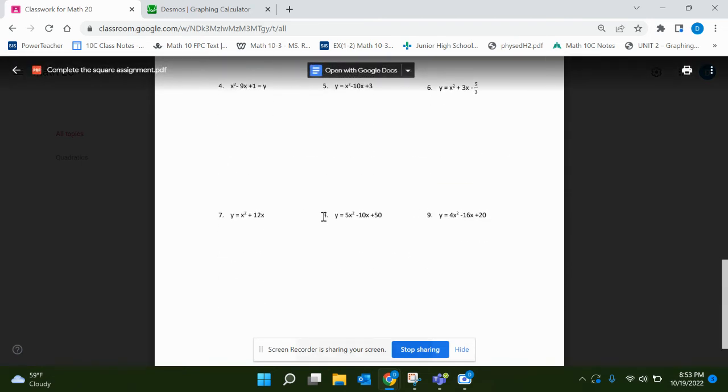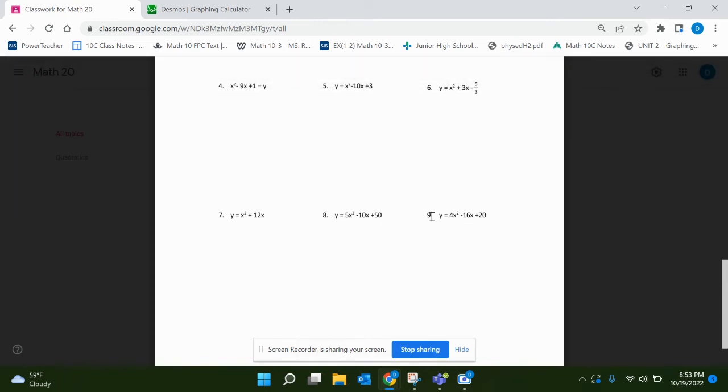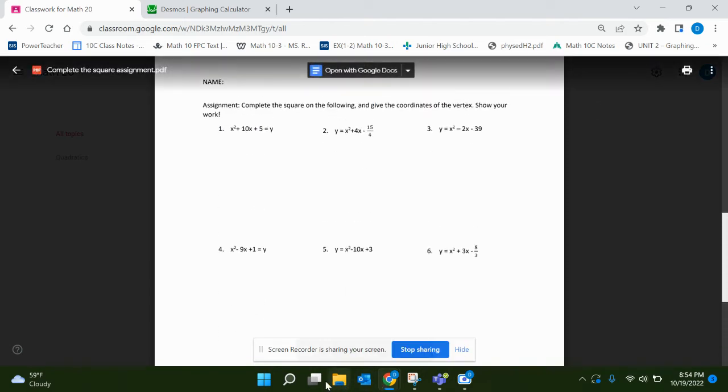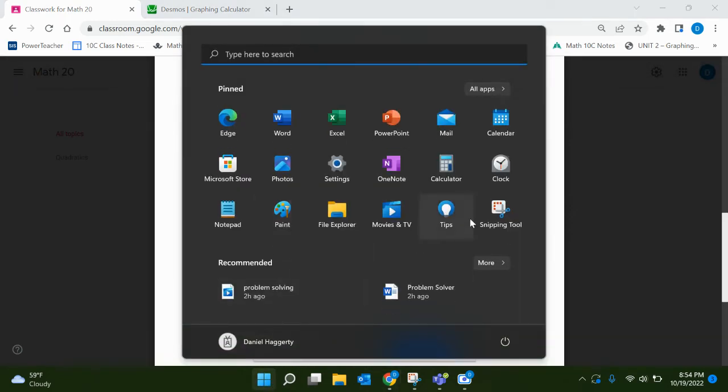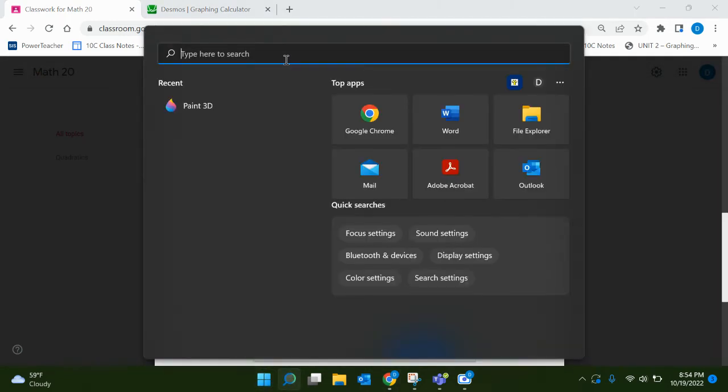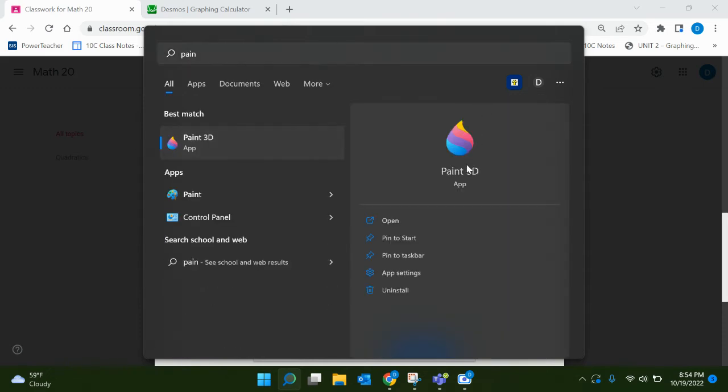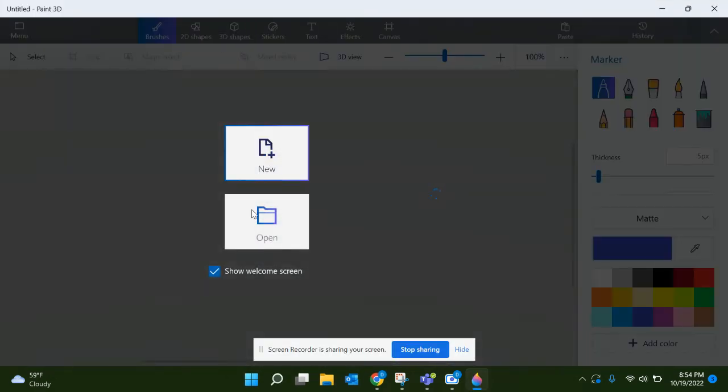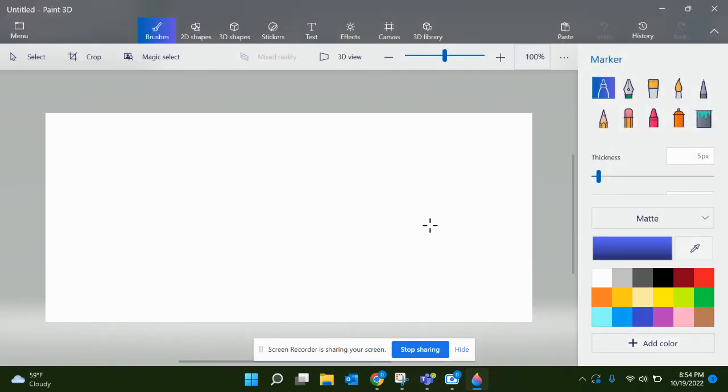There is one that I want to do with you guys. It's not in here, but it's going to help you out on your assignment with 8 and 9 because those two, if you look, we can see that our a's are not equal to 1. Okay, but there is a little trick you can use. So I'm going to open up the paint again here. So I'll just choose a marker. We'll use a function that we'll just make up.